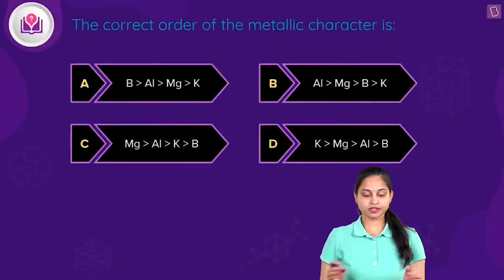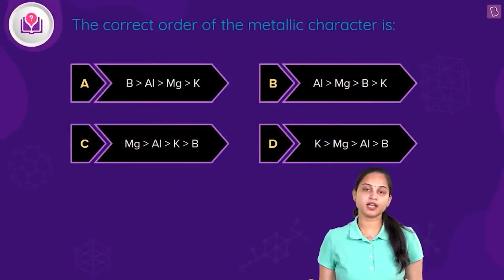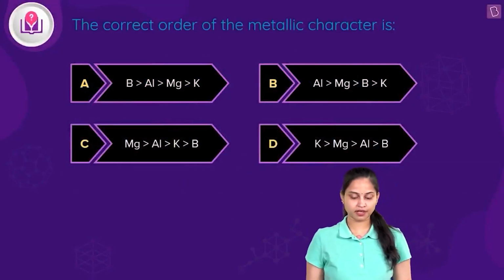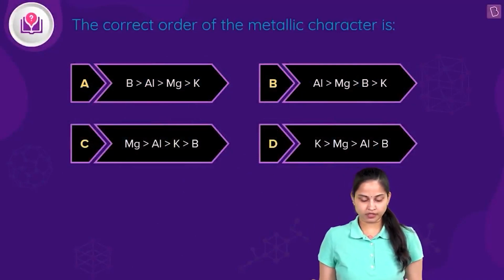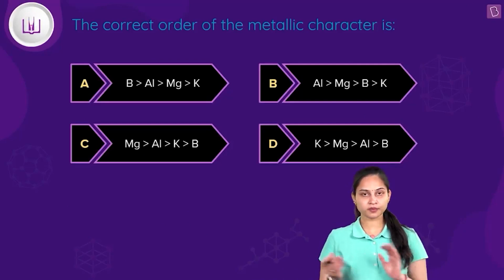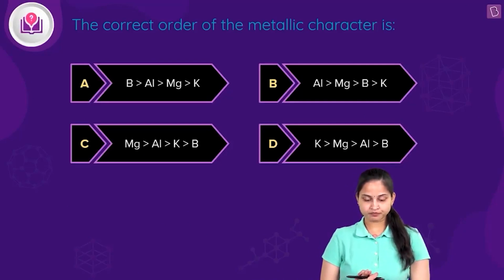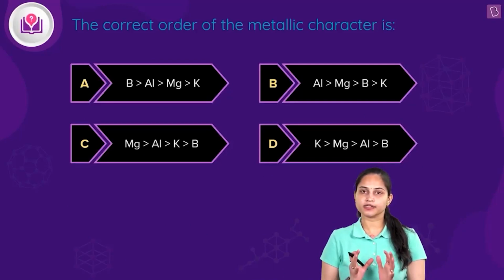The question over here is: the correct order of the metallic character. Over here we are given some elements: potassium, magnesium, aluminium, boron. One thing I want to tell you is that metallic character is based on ionization energy.